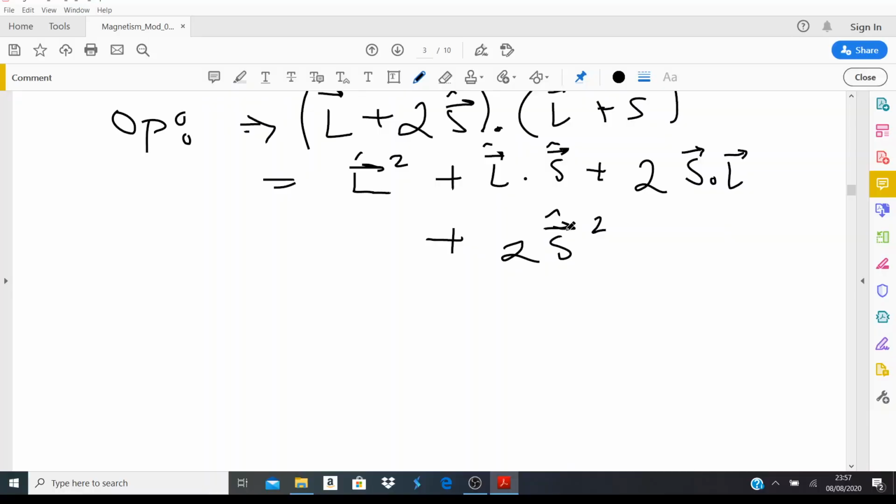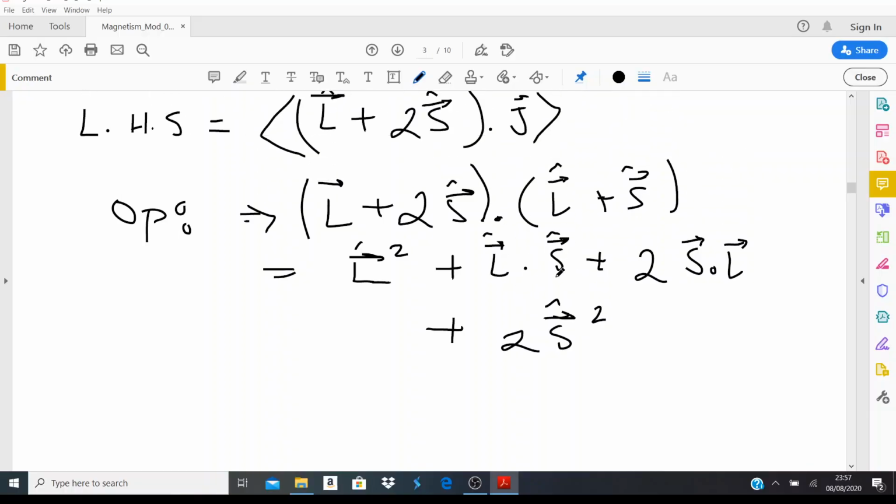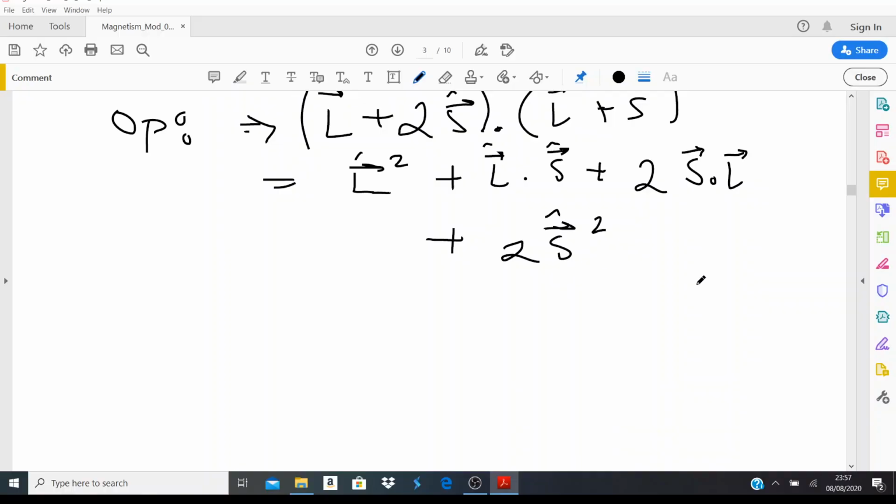So you remember the problem of commutation, right? I have mentioned that operators can be exchanged in order if they commute with each other. So the question here is, do L and S commute with each other? Let me give you the rule: L and S commute with each other. That's the rule to remember for this derivation.